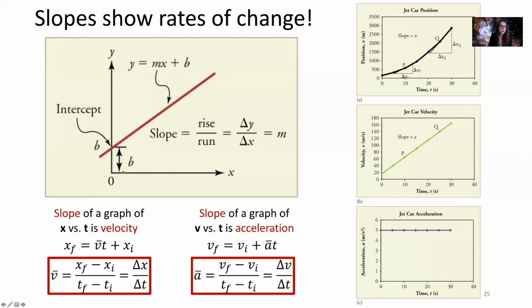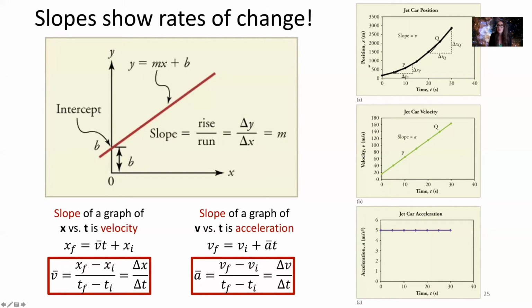So if we swapped out the horizontal axis and said this was time, and swapped out the vertical axis and said that was x, then we would find that our velocity is equal to our rate of change of position, our x position, over the change in time. That would be the slope of a line if we plotted position on this axis and time on this axis, okay? So remember, the slope of a graph of position versus time is velocity. The slope of a graph of velocity versus time is acceleration, okay?